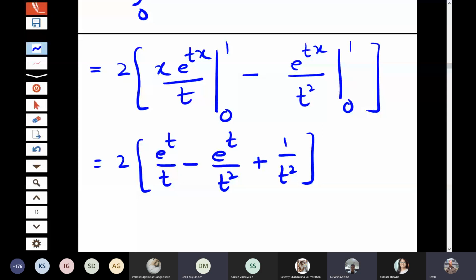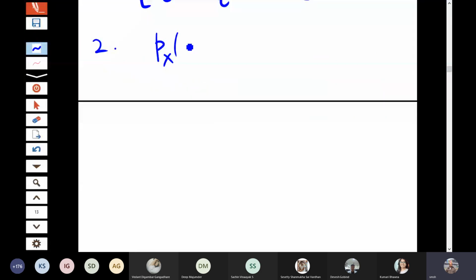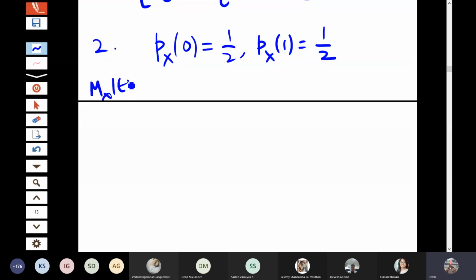Let us take an even simpler example, like in a discrete case. Suppose I take this one, p(0) was half and p(1) was half. This was the coin tossing example distribution where X was the number of heads. So here what will be M_X(t)?